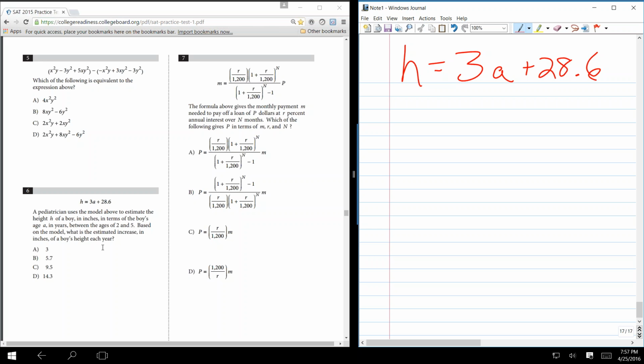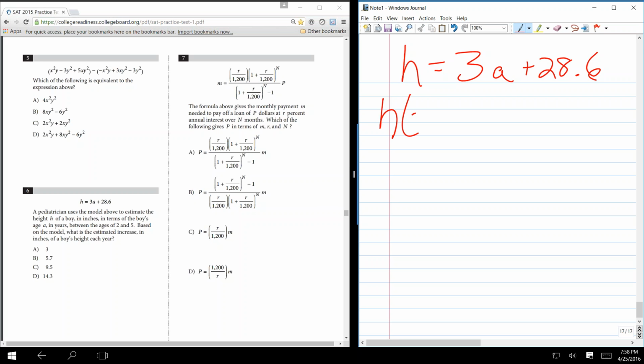If I said to you, what's the increase in a boy's height from age 2 to 3? Could you give me that answer? You would need to plug in the 2 and the 3. Correct. So let's do it.